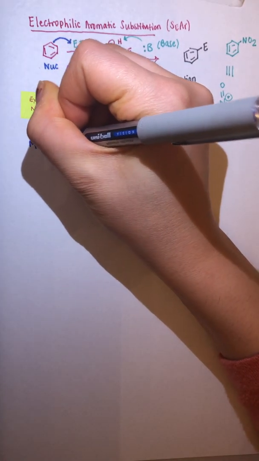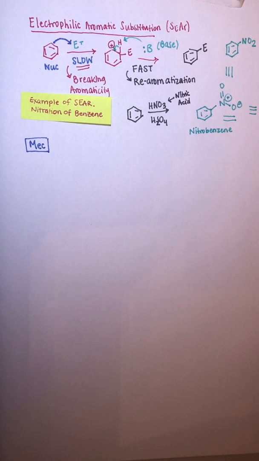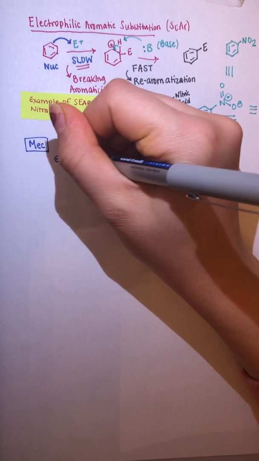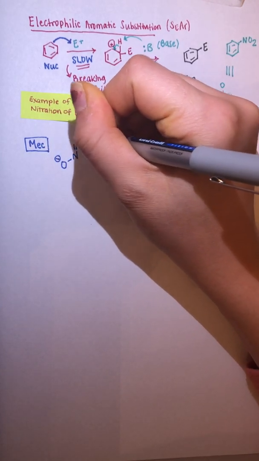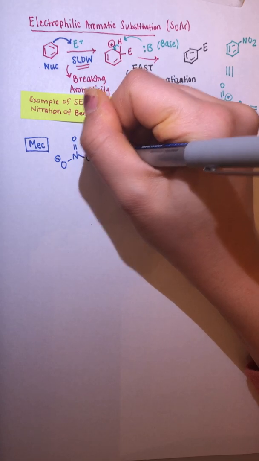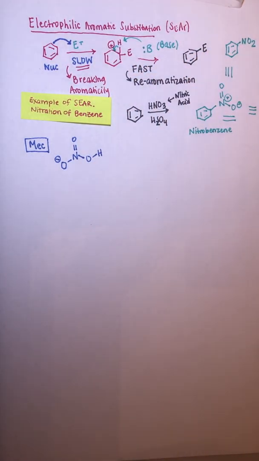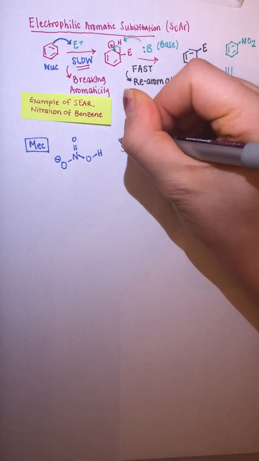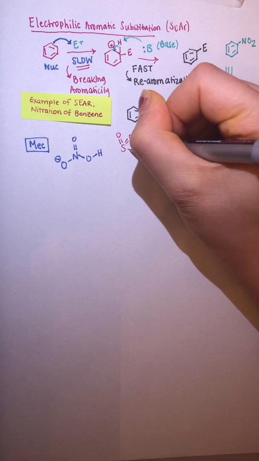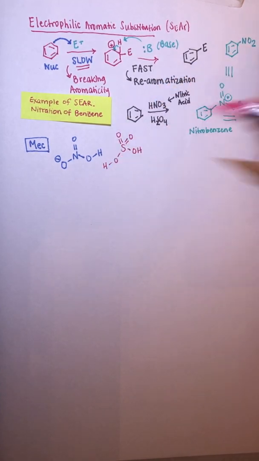Okay, so in this case, we're actually going to start with our HNO3 and our strong acid. So we haven't even really touched benzene yet. So here we are. And I'll color code this for you guys. We also have our H2SO4, which of course we know the structure of already, right? That's old news. Okay.